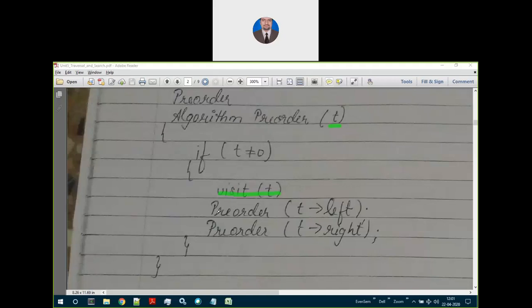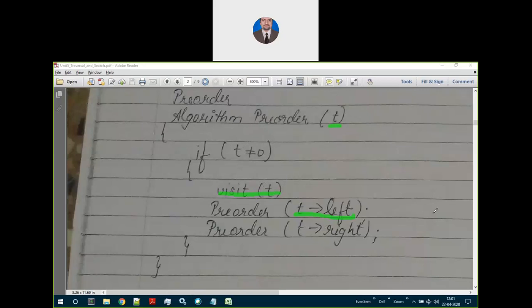Then recursively call pre-order, calling the same algorithm once again with T of left. If the node exists, again recursively go in the same order. So first the node itself, then the left of that, then the right of that. These are recursively called in the function.